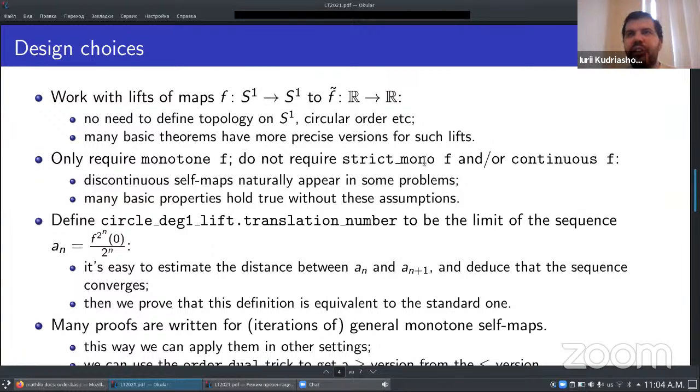When I say monotone, I mean monotonicity of the lifted map. It is possible to define rotation number without using lifted maps. A few years ago, I heard a talk where the speaker defined rotation number using something called circular order.